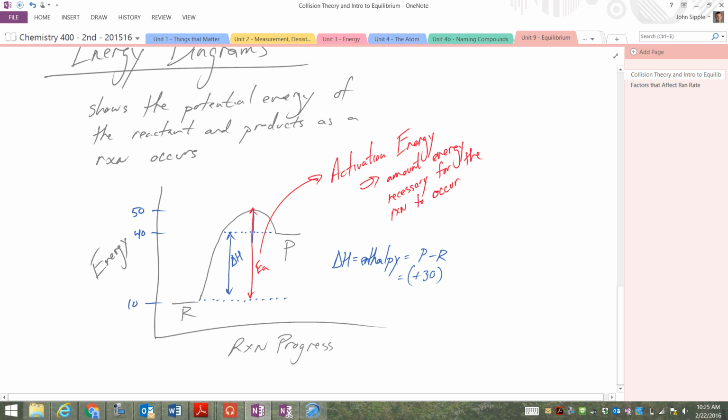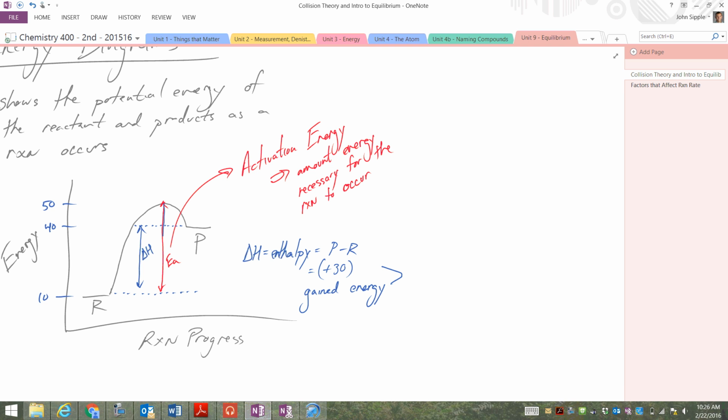Overall, from the energy in those atoms to start with to the energy in those things at the end, reactants to products increased. This is gained energy. This is an endothermic reaction. It's called endothermic.